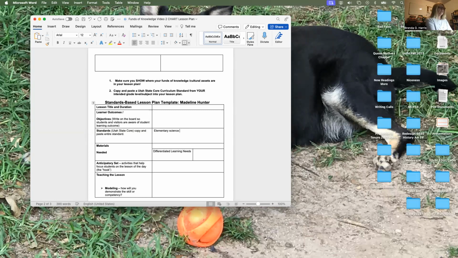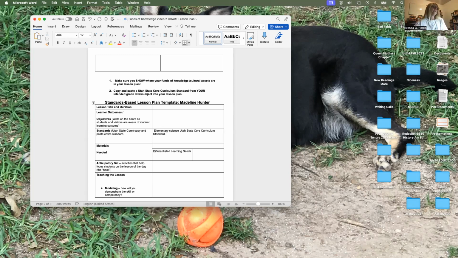Okay, so elementary science, Utah State core curriculum standard. I'm just putting what it is here, but you're going to actually put the actual standard in there. Go back to the Utah State core and go through and find your standard that's going to match.